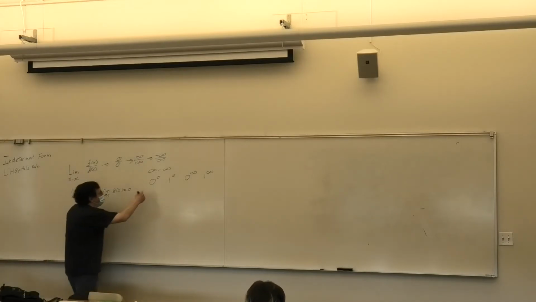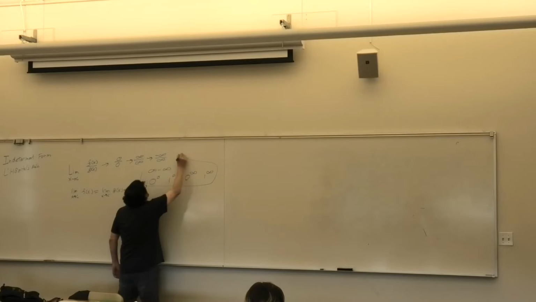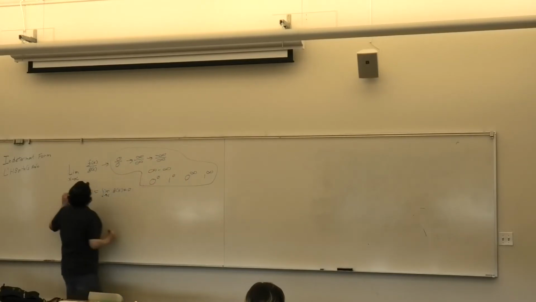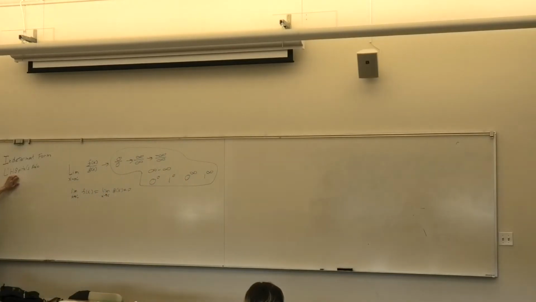So it's important always, when thinking about using L'Hopital's rule, to make sure you have an indeterminate form. Because if it's not, and you apply L'Hopital's rule, then it's not going to work.